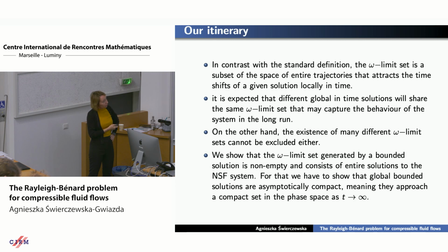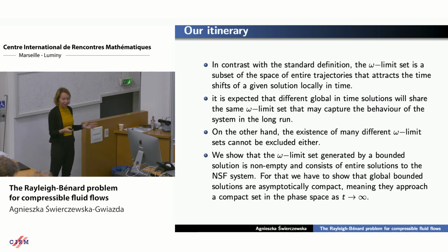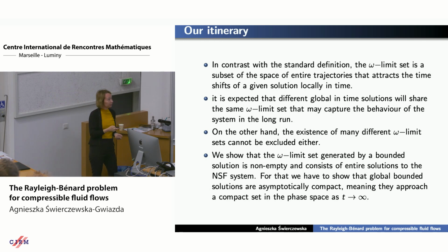Anyway, what we will show is that this omega limit set generated by this bounded solution, in the sense that energy is bounded, is non-empty, and it consists of entire solutions of the Navier-Stokes system. For this claim, we will need the asymptotic compactness of solutions, but I will spend some time on this. What we mean is that the solutions approach a compact set in the phase space when t goes to infinity. So basically this is the plan for what I'm going to present.